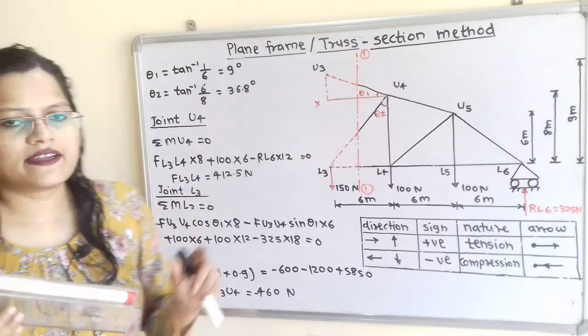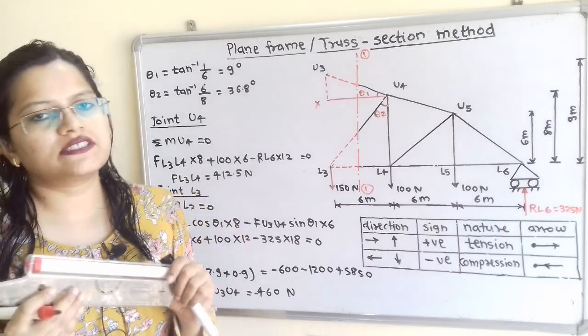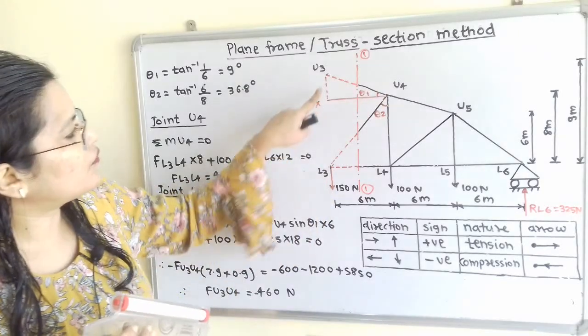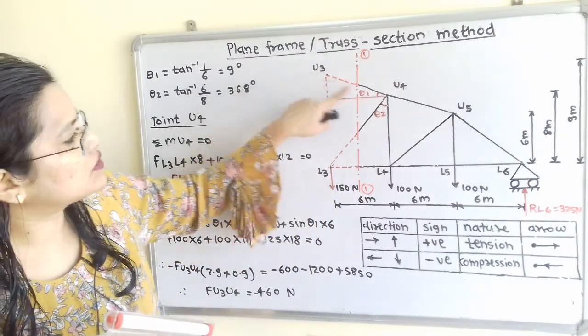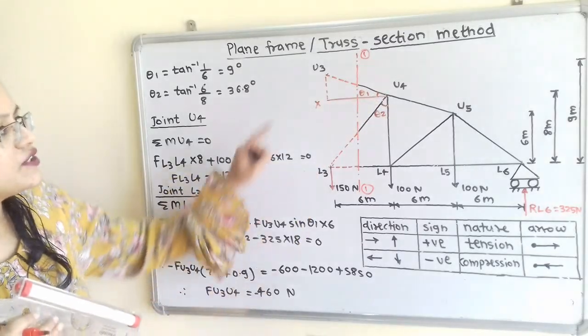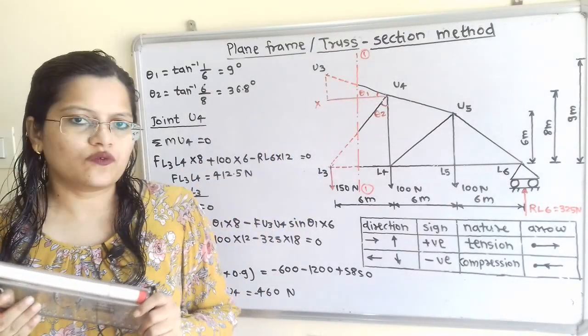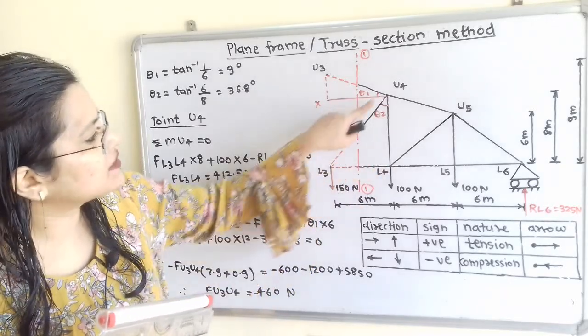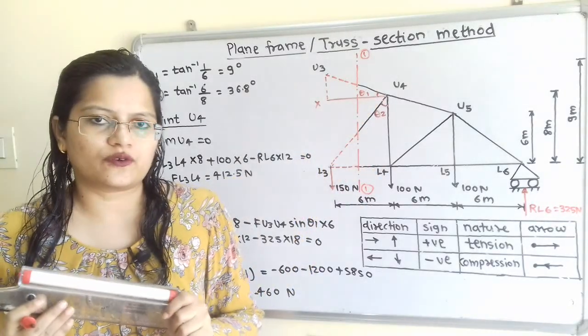Now we will find the unknown forces in the members. If we observe joint U4, there are two members, U3U4 as well as L3U4, in which we have to find the unknown forces. But L3L4 is not passing through joint U4.